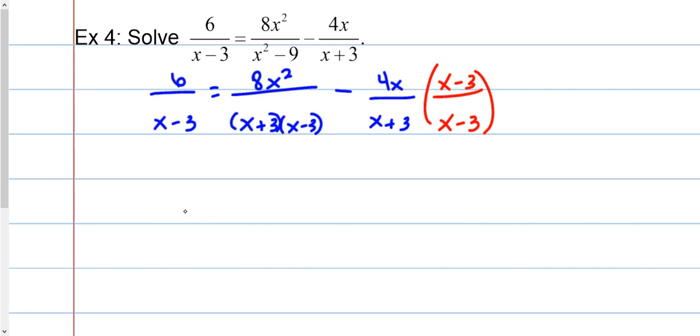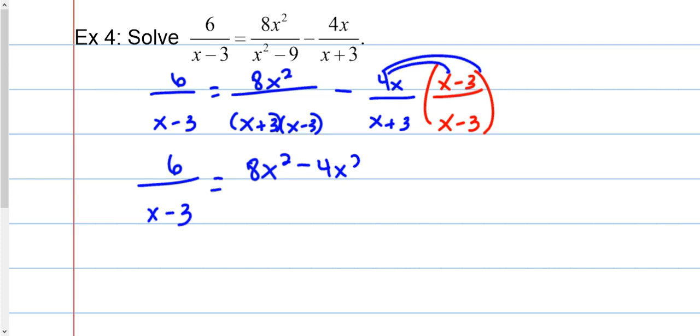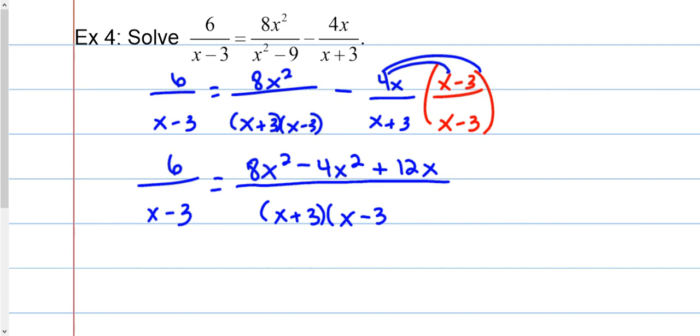So now I have 6 divided by x minus 3 from the left side equals 8x squared minus, let's go ahead and distribute that 4x. So minus 4x times x is going to be minus 4x squared. Minus 4x times -3 is going to be positive 12x. All over x plus 3 times x minus 3.